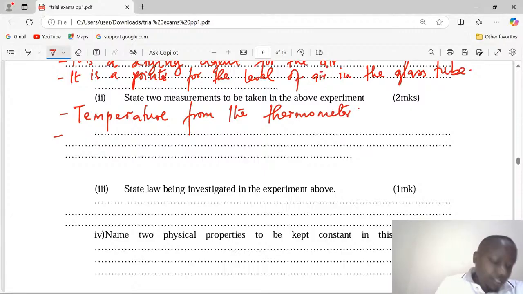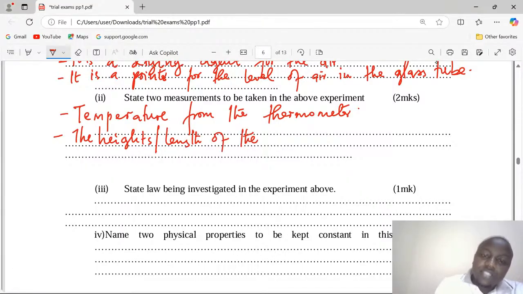Then the other thing to be measured is the height, or simply the lengths of the air column.